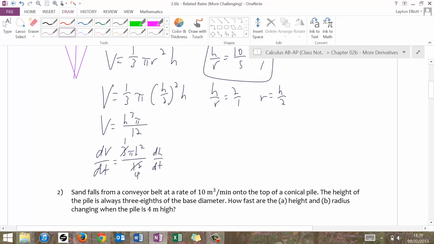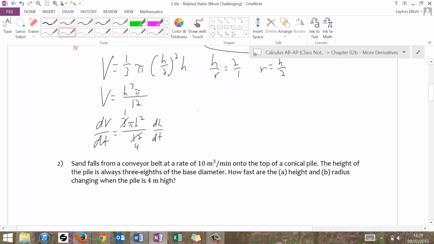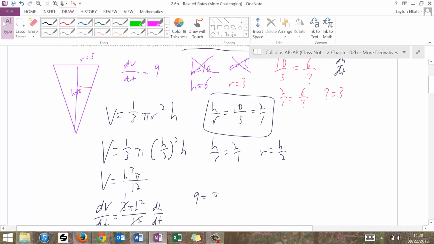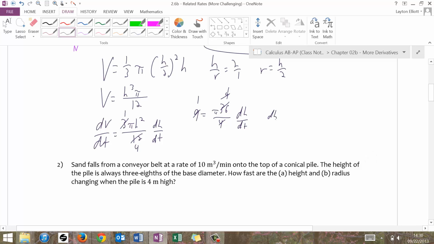And that can cancel to become 1 and 4. Then we want to solve for dh/dt, and I know dV/dt is 9, so I have 9 is equal to pi h squared over 4 dh/dt. h was 6, so 6 squared is 36, pi times 36 over 4 dh/dt. 36 over 4 is 9, the 9s cancel to become 1 and 1, so dh/dt is equal to 1 over pi.